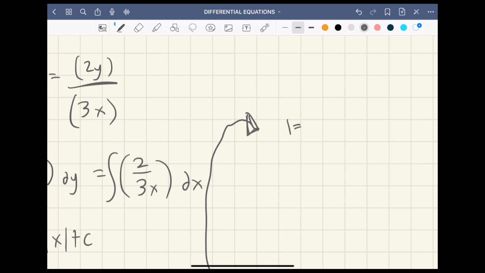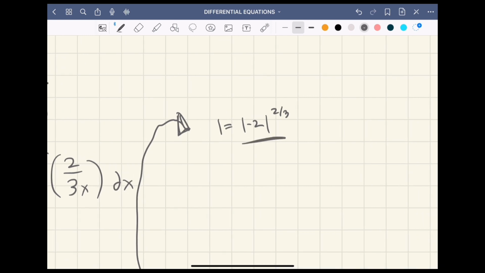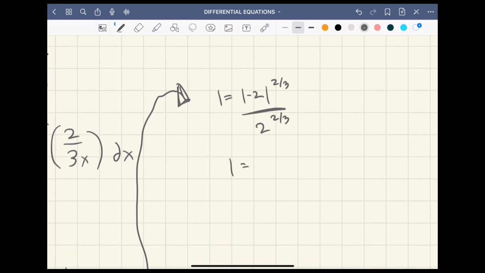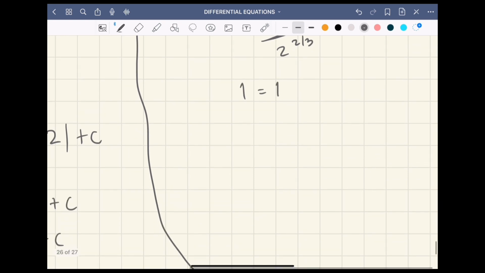So 1 equals negative 2 raised to 2/3 over 2 raised to 2/3. So 1 equals 1. Therefore, y must be positive.